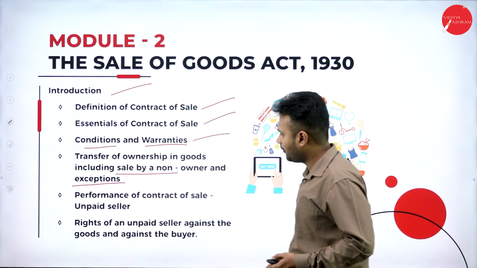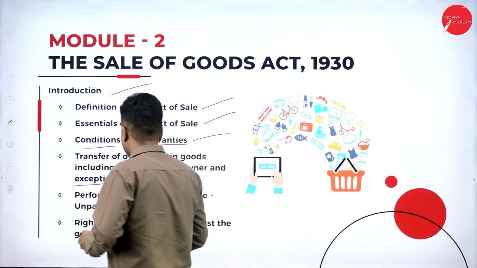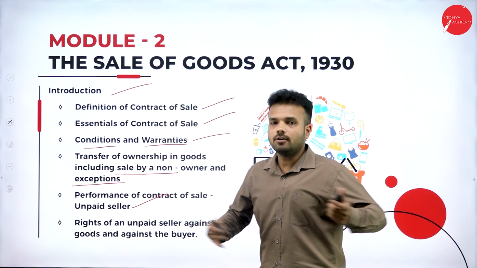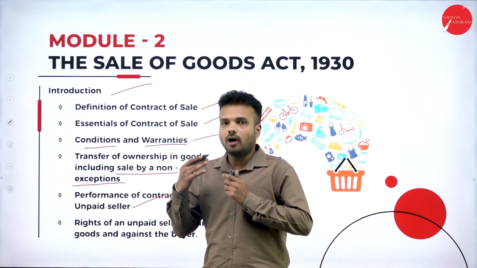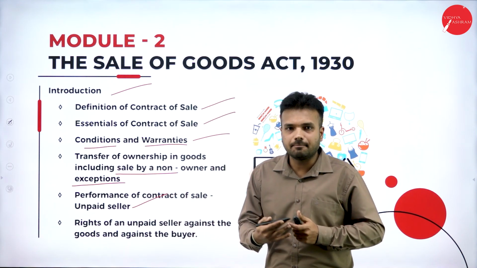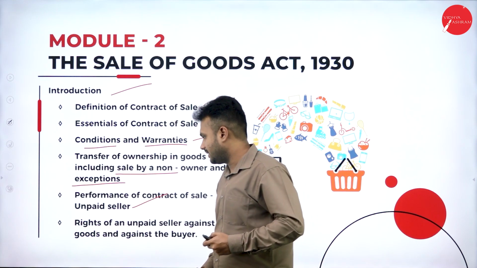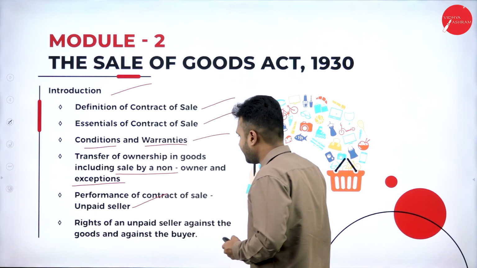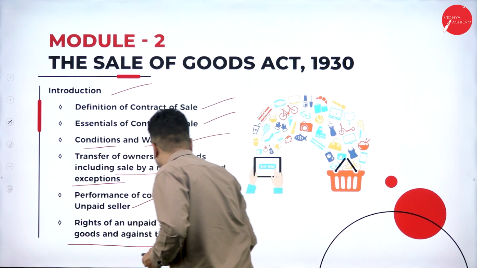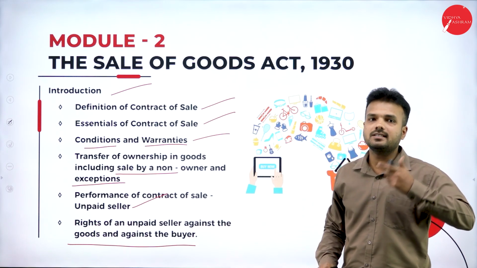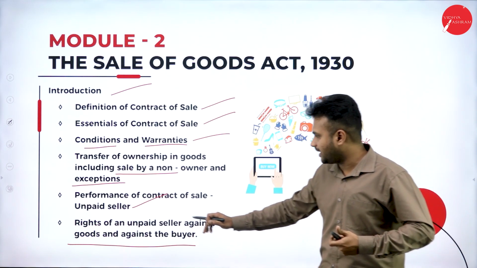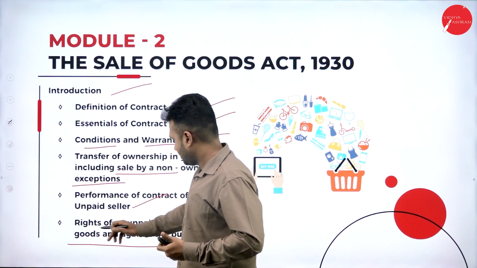Performance of contract of sale in terms of unpaid sellers. So, what happens if a contract is going to happen for the unpaid seller, that we are going to learn. Rights of an unpaid seller against the goods and against the buyer. So, what the unpaid seller can claim against a buyer and against a goods.